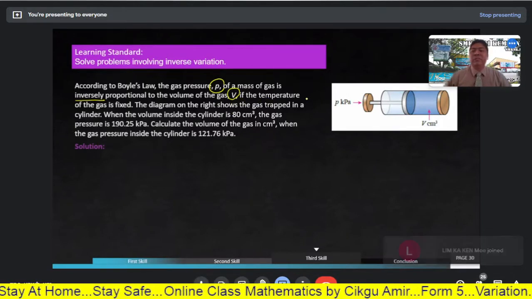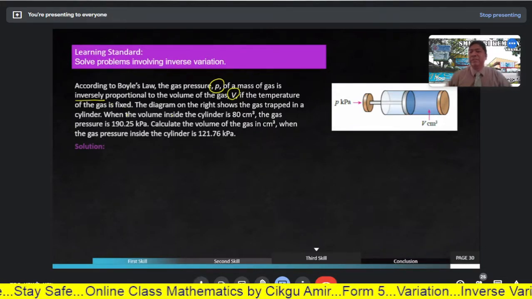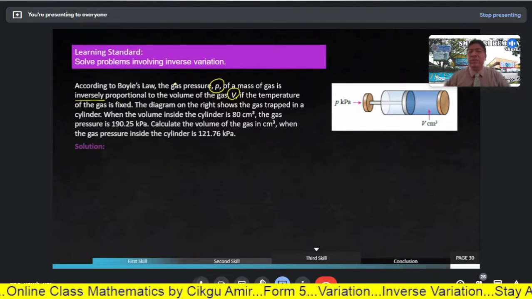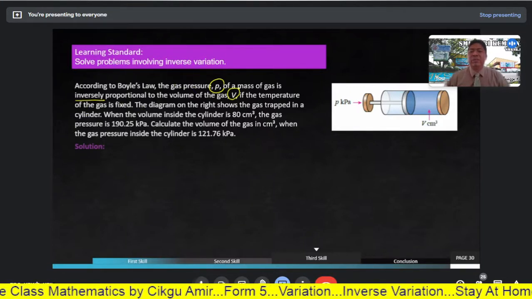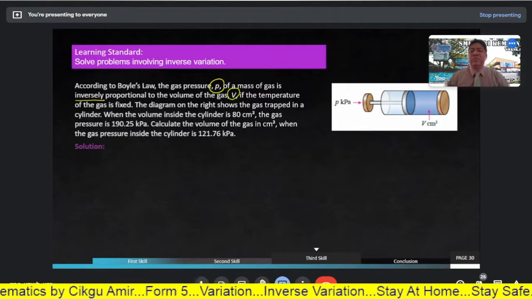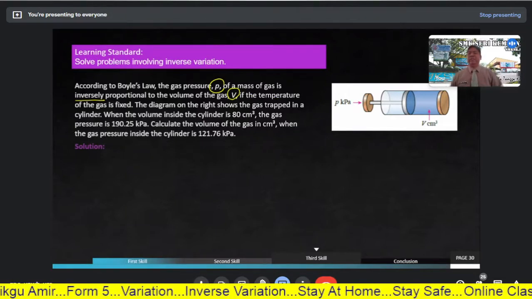If the temperature of the gas is fixed. According to Boyle's law, the gas pressure P of a mass of gas is inversely proportional to the volume of the gas V if the temperature of the gas is fixed.